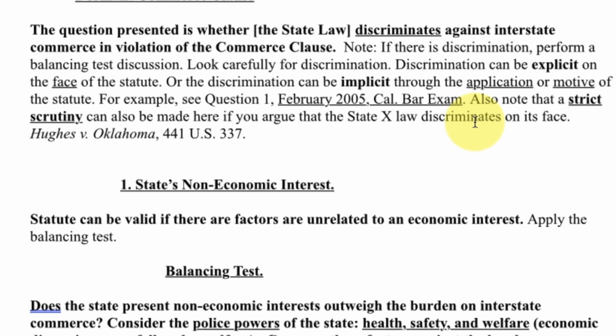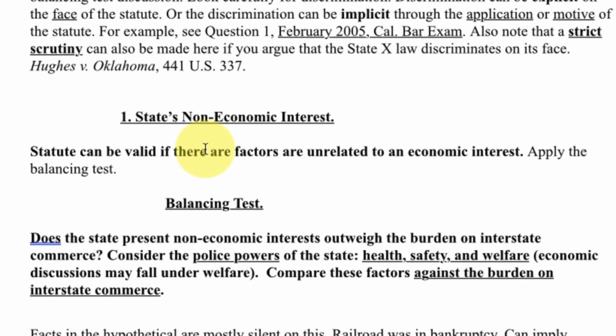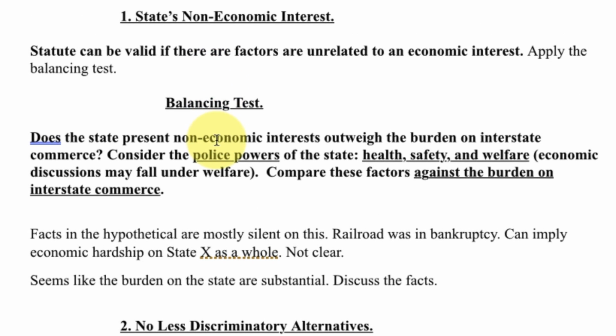As a side note, some of you might have said, hey, look, we could use strict scrutiny here. That is fine. You will probably get extra points for that, because there are cases where the state discriminates on its face. But for the most part, I think most people said, let's look at the non-economic interest of the state. So let's do that now.